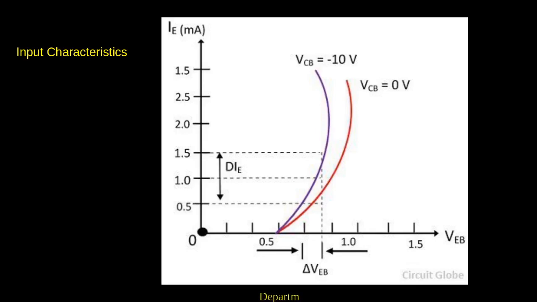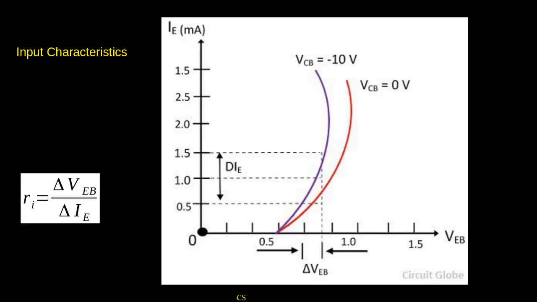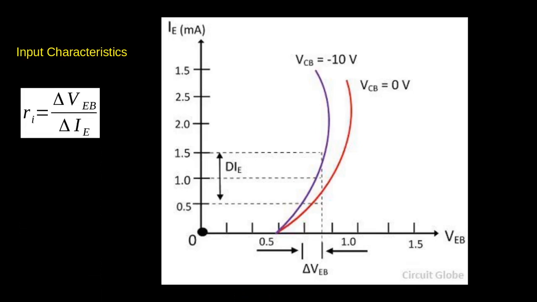So we can write the equation Ri is equal to the change in voltage across the emitter base junction divided by the change in emitter current IE. So we take the ratio of the change in voltage across EB and the change in current IE.